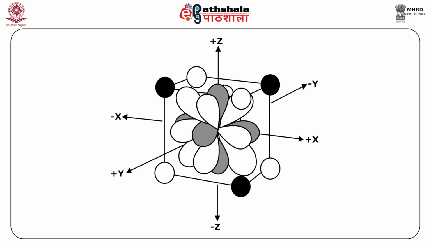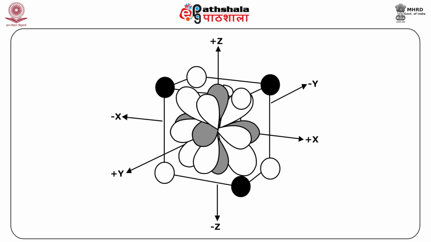In this particular situation, the orientation of the eg set of the orbitals is towards the center of the face of the cube, and the three t2g orbitals point to the center of the edges of the cube.